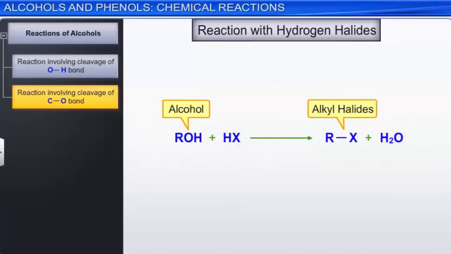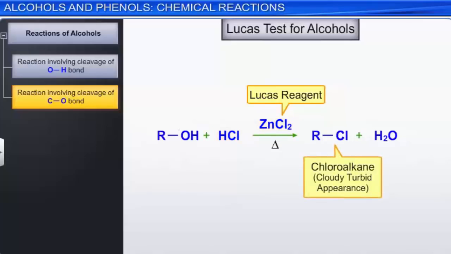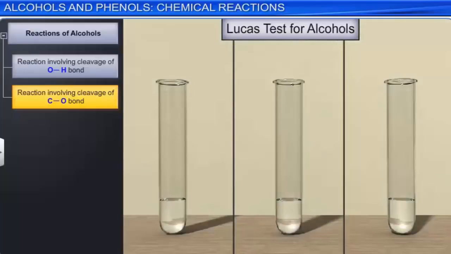The Lucas test for alcohols uses the Lucas reagent, a solution of zinc chloride in concentrated hydrochloric acid. When the insoluble chloroalkane forms, the resulting mixture has a cloudy, turbid appearance. The Lucas test is used to differentiate between primary, secondary, and tertiary alcohols.